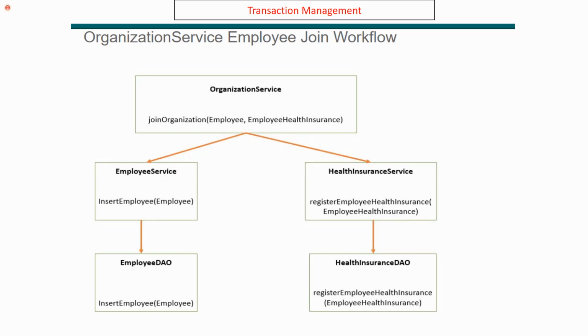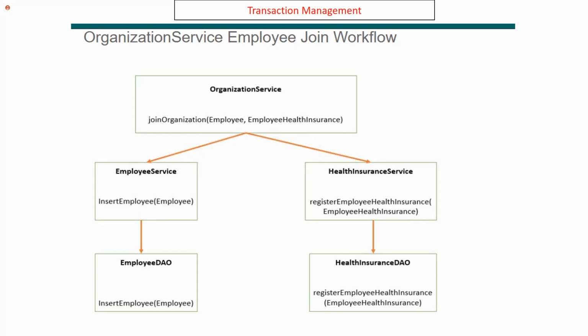Similarly, if you have a transaction object at org level and at employee level or insurance level, or both levels don't have one, it will simply be ignored at child level. Only the parent will be considered.